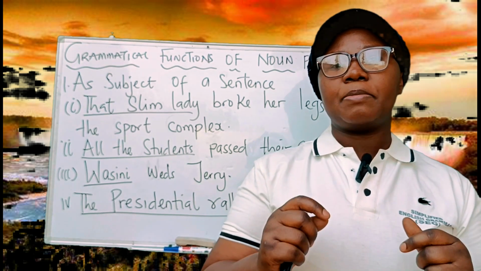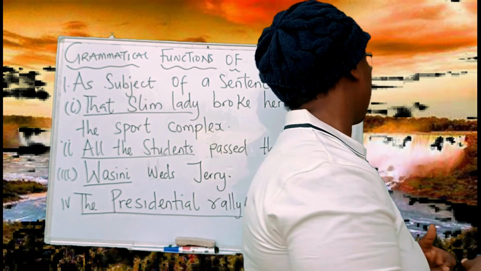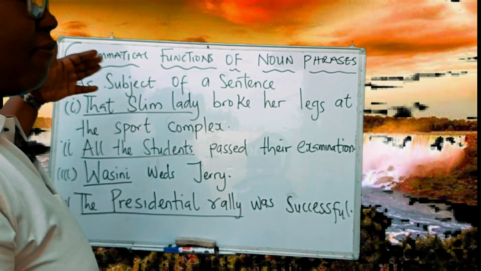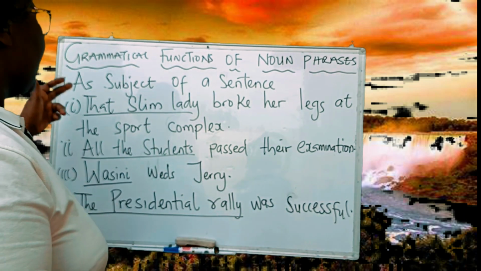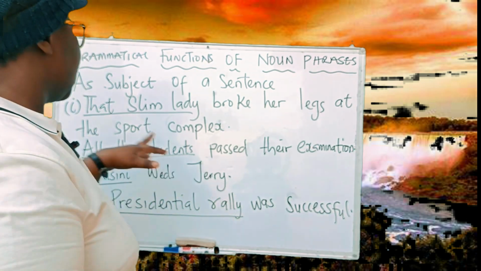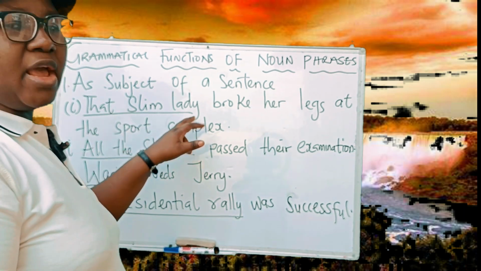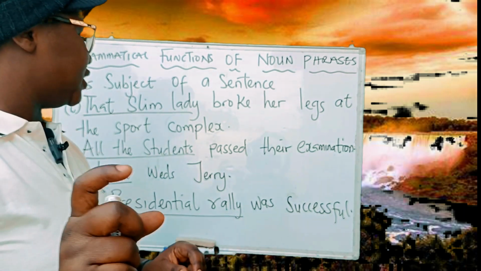So let's take these examples to exemplify this particular function. Follow me here. Number one, we have a noun phrase performing the function of being a subject. Number one, we have: that slim lady broke her legs at the sport complex. That slim lady here is a noun phrase functioning as a subject.